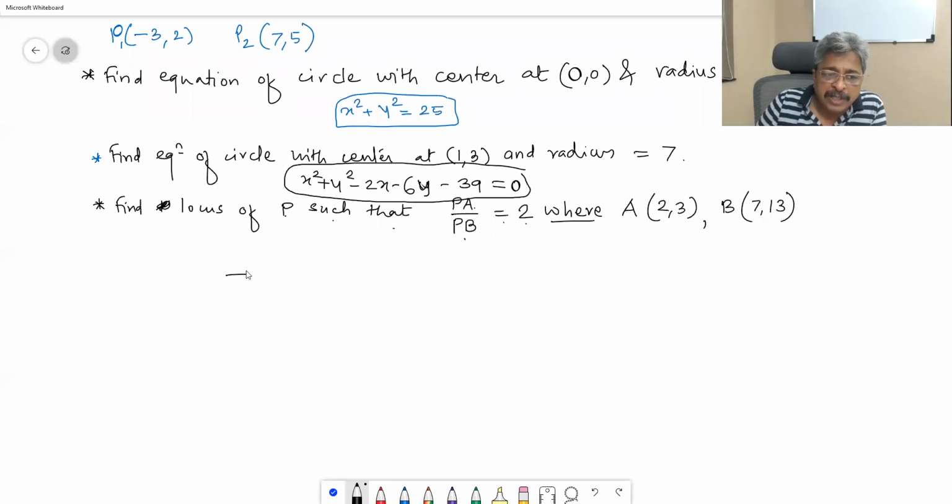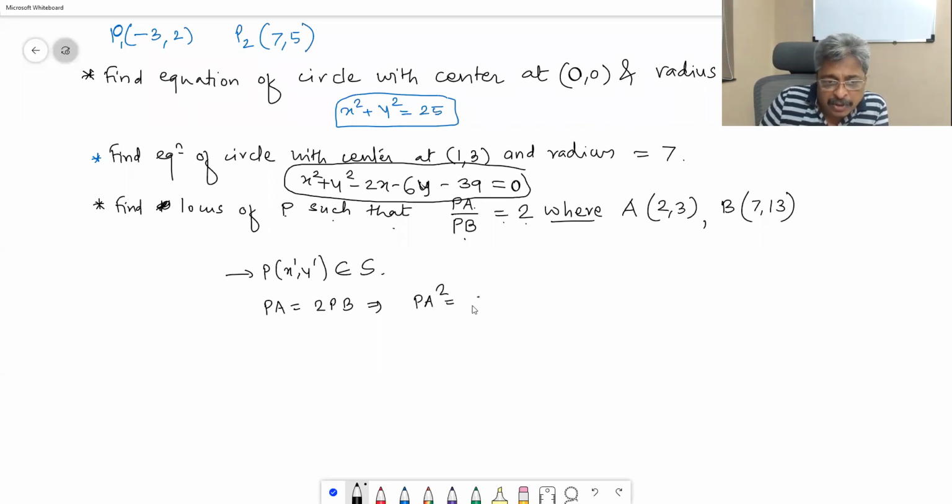So first statement is let P(x', y') belong to desired locus S. PA is equal to 2PB implies PA square is equal to 4PB square.